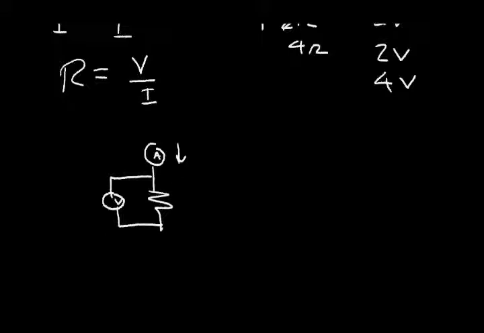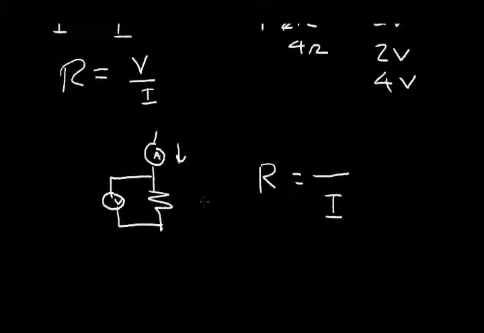And let's say that we measure very little current. So if we have little current, we know that the resistor must be large. So we can say resistance has an inverse relationship with current.